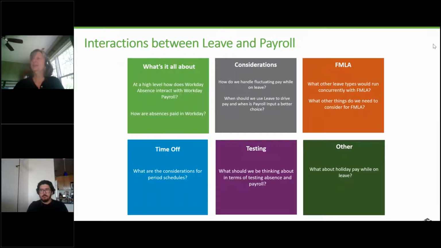Thanks, Brian. So with FMLA, the common configuration expectation is that you're going to have certain company leaves specific to company policy, but they should run concurrently or deduct from that FMLA entitlement.